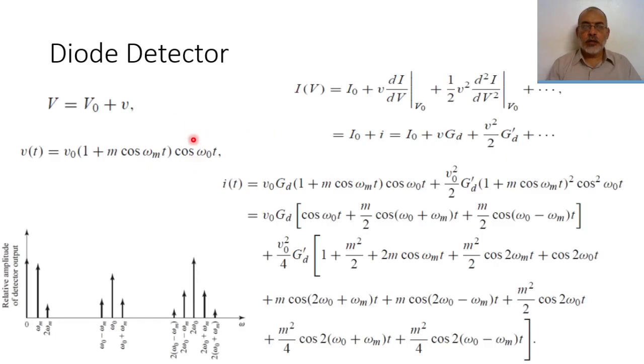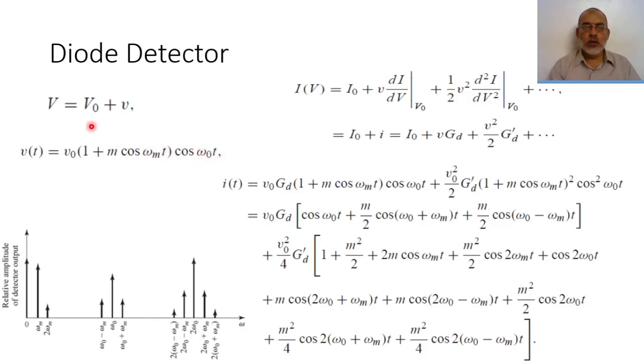To obtain the analysis of the diode detector, we are going to apply the model for the Schottky diode, assuming that the input voltage is V naught plus v, where v here now is the modulated signal, V naught multiplied by 1 plus m cosine omega m t, cosine omega naught t.